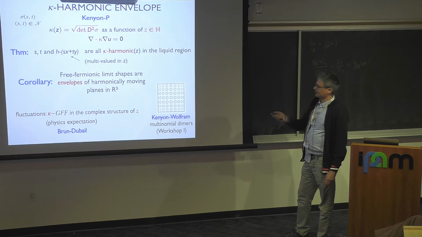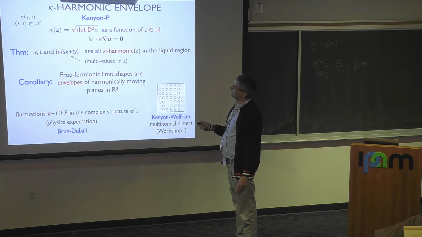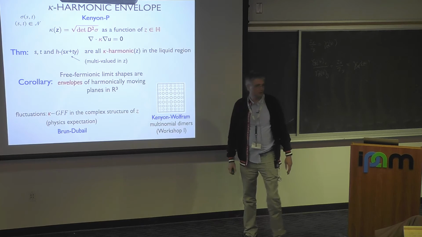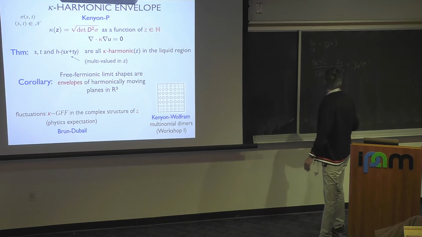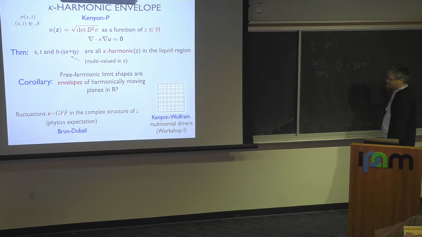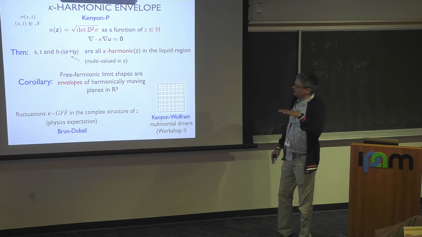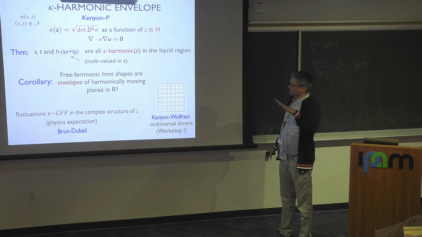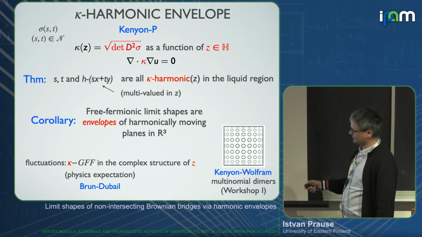Okay, so let's note that in general, this kappa might change with z. Like in the six-vertex model, we have seen in Hugo's talk that this sigma, the squared variance of the free field, in general would change with the slope. So that should have an effect also in the fluctuations.